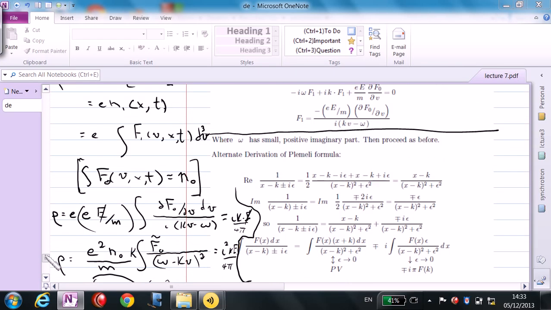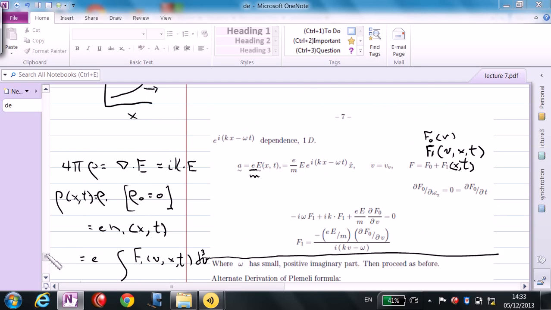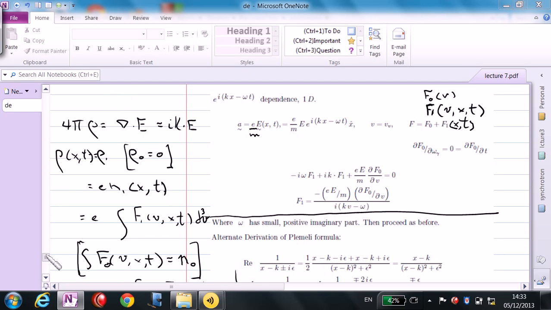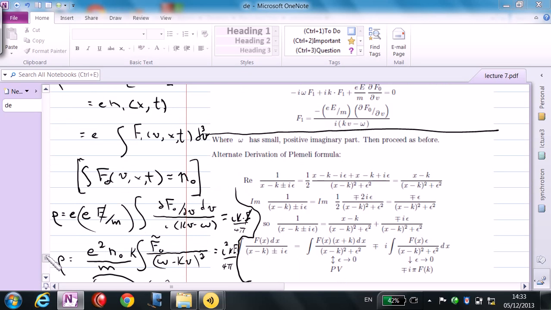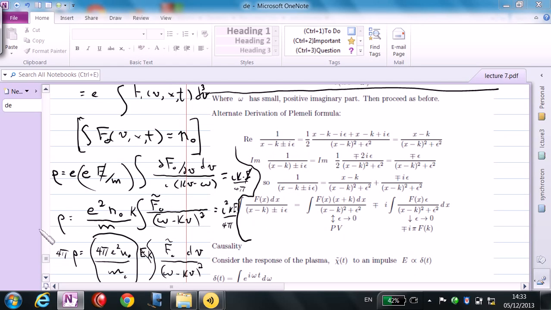Yeah. A little bit of... Now, let's see if this is an alternate derivation of the Plemelj formula. Is this of any use?